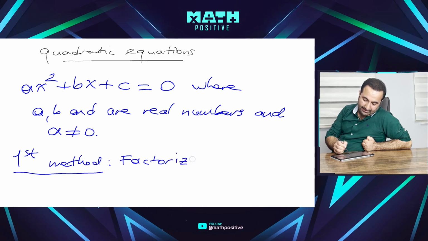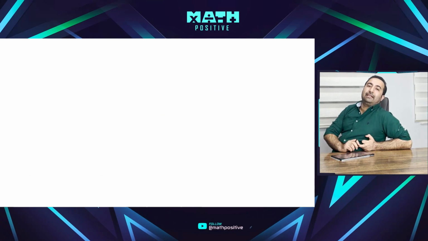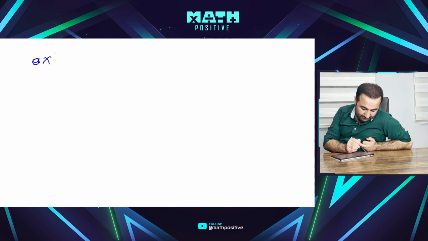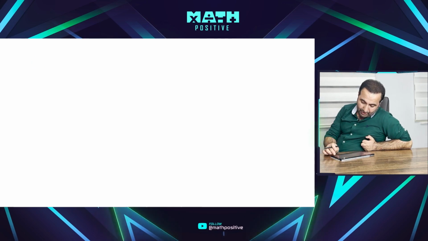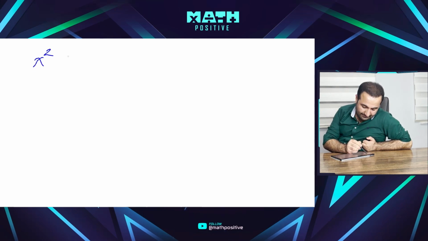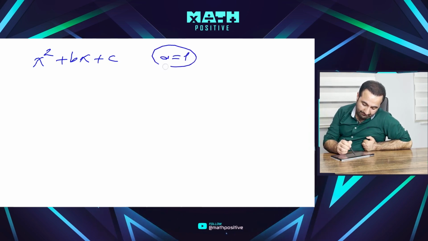What does it mean by factorizing? Let me show you what factorizing a quadratic expression is. Let me begin with a simple form: x squared plus bx plus c, where a is 1.